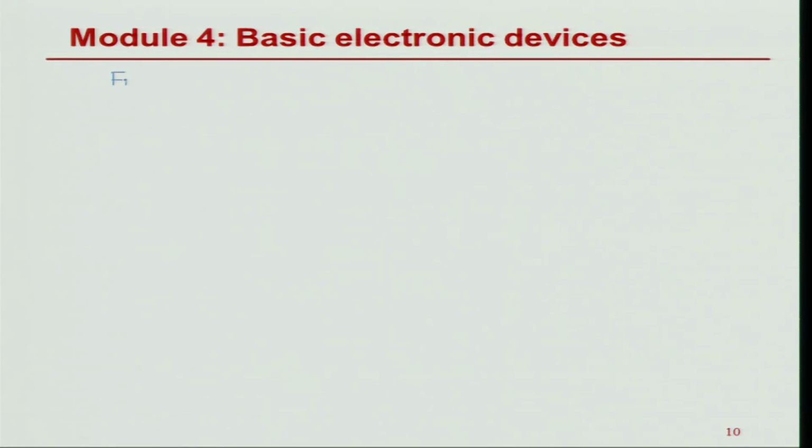The first generation, as we call it, first generation solar cells are based on silicon, which we have already seen, or gallium arsenide.